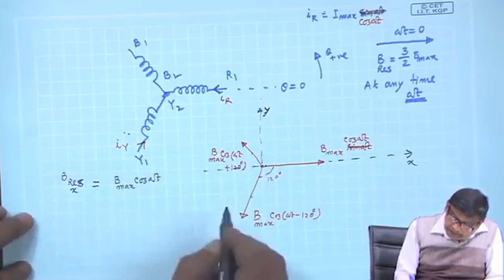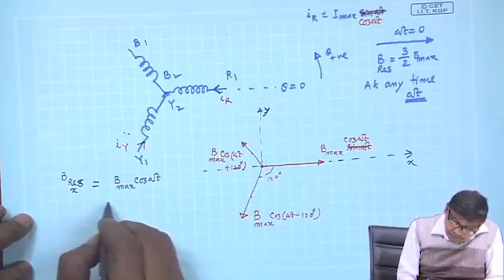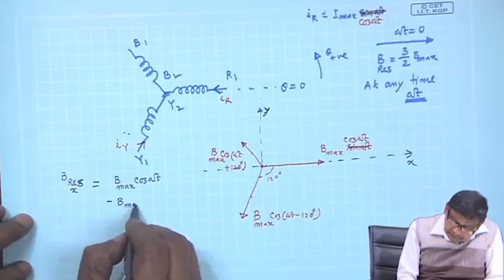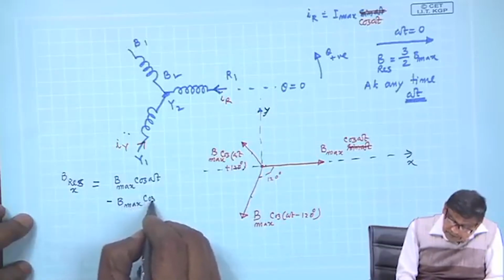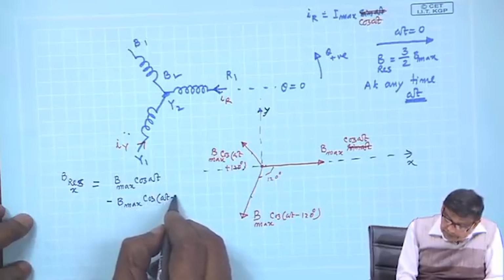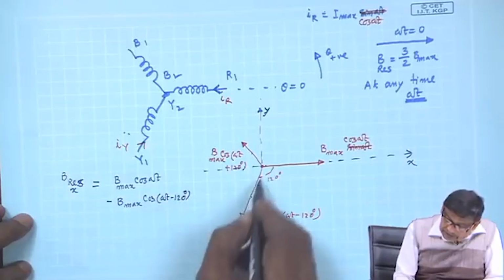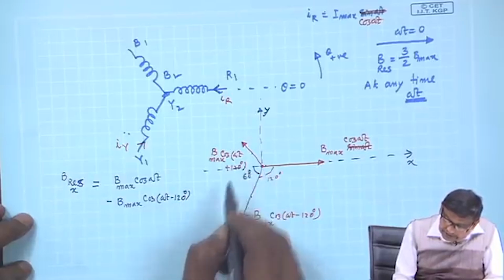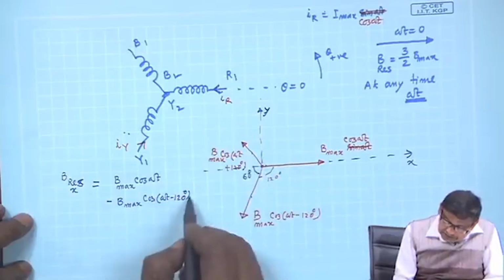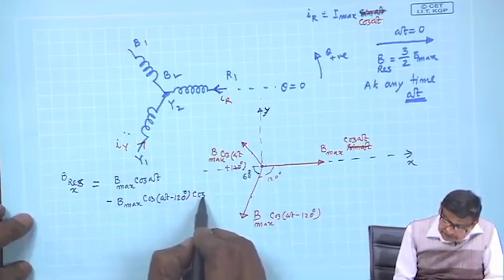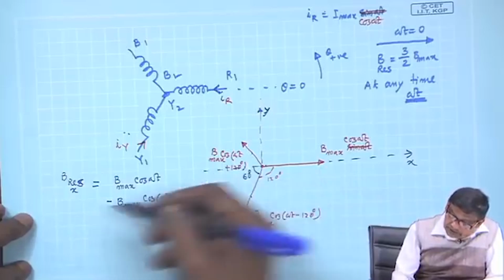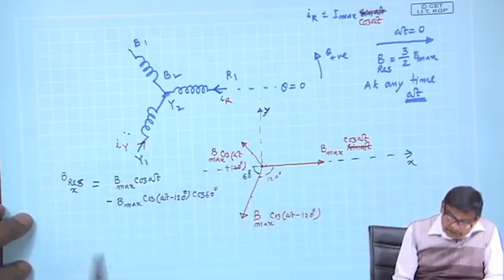So, it must be minus B max cosine omega t minus 120 degree into cosine 60, because this angle remains 60 degree, and it is negative, as we can easily see.